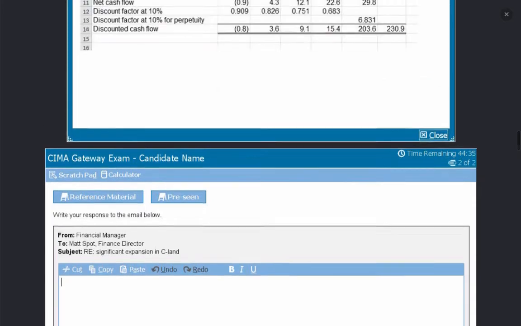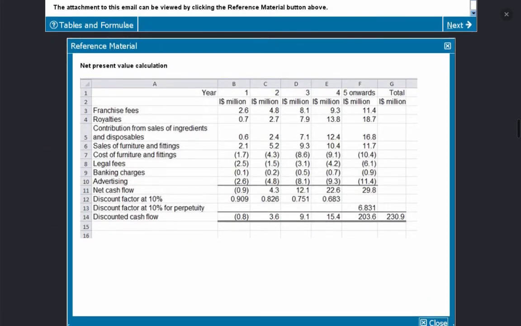And this is where you need to put your answer. Now, as you can see, they've given you the net present value calculation, right? And do you now remember what they're asking, or do you want me to go to the previous one? I'm going to give you 7 minutes now from now on for you to give that answer, okay?